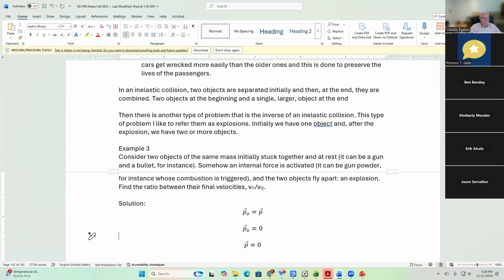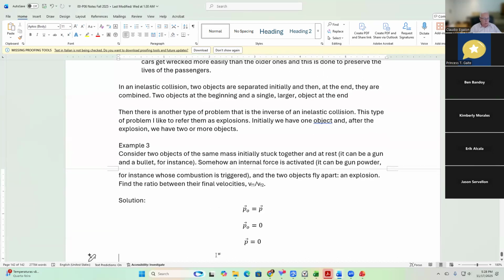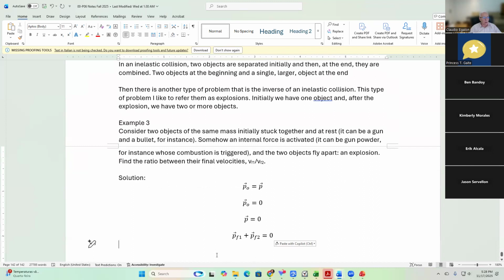Here you go. And let's not forget that the final momentum is going to be the final momentum of the first object plus the final momentum of the second object.